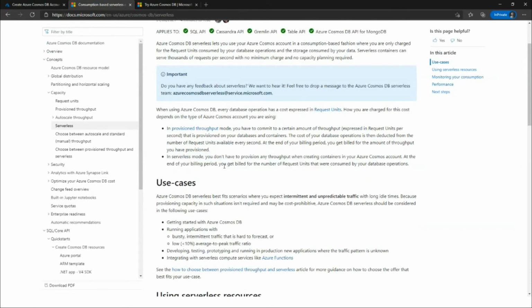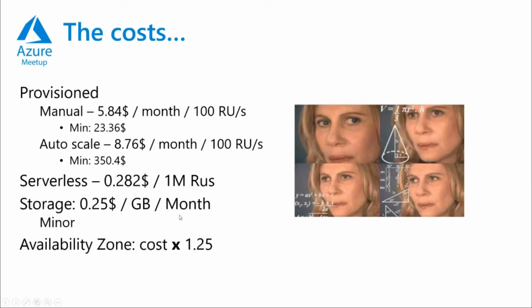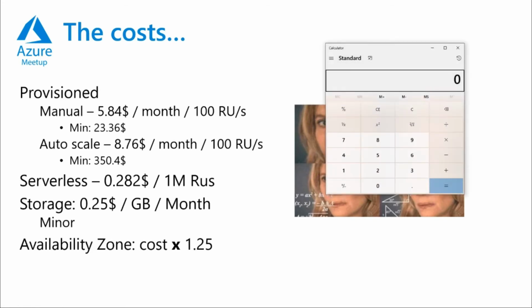Okay, notice this. You get billed for the request units. Now, why am I emphasizing that? Because here you're getting request units per second. Here you're getting just request units. Why does it matter? Let's imagine that you have 50 request units per second on a constant basis.